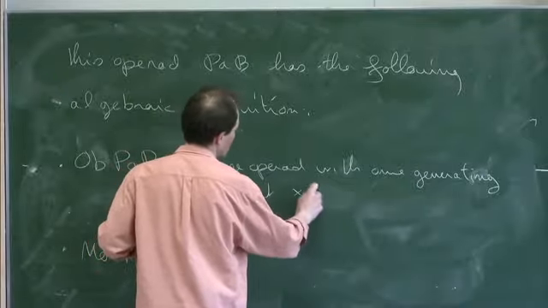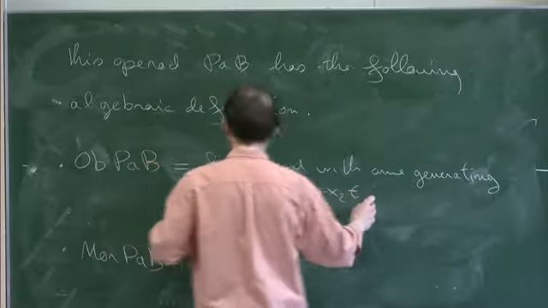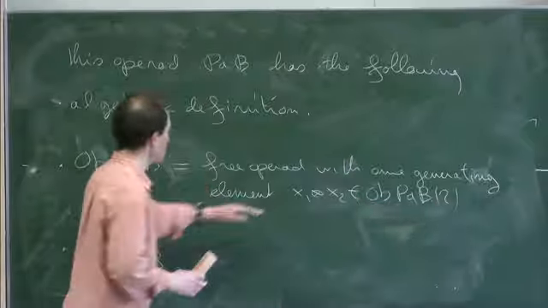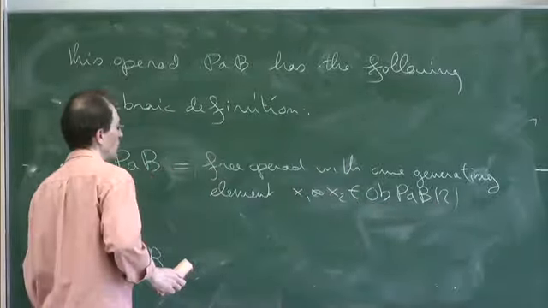Which I will denote by x1 tensor x2. So it lies in PaBr(2). So it represents some kind of abstract operation on two variables.